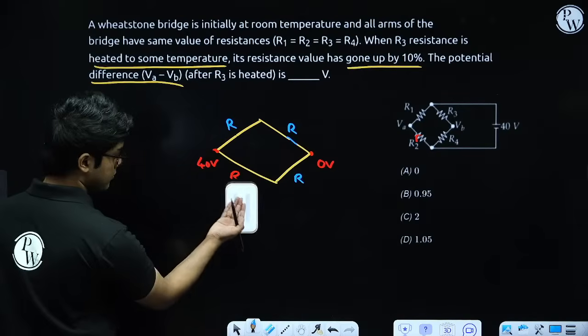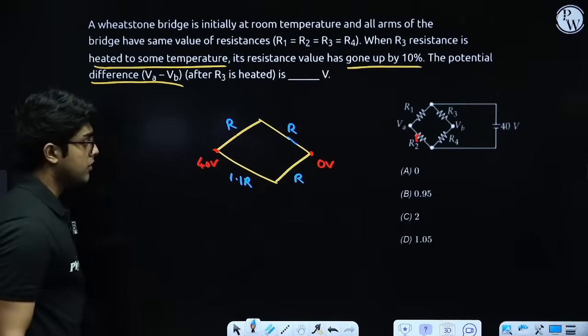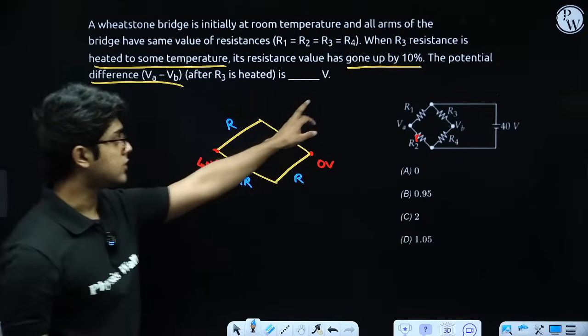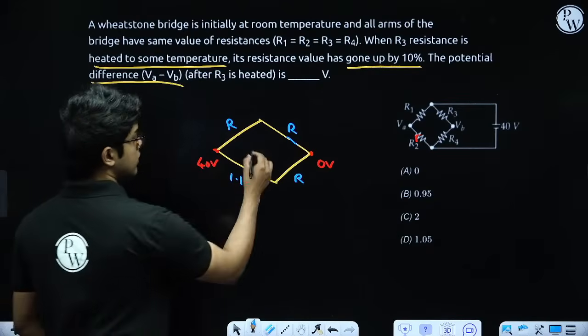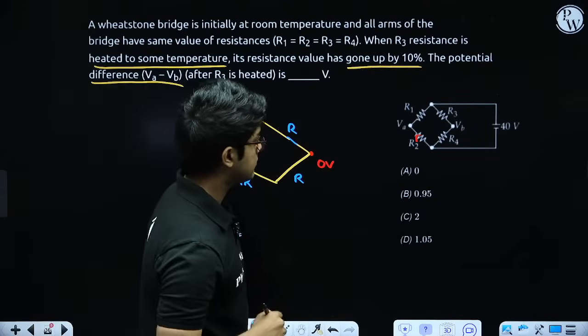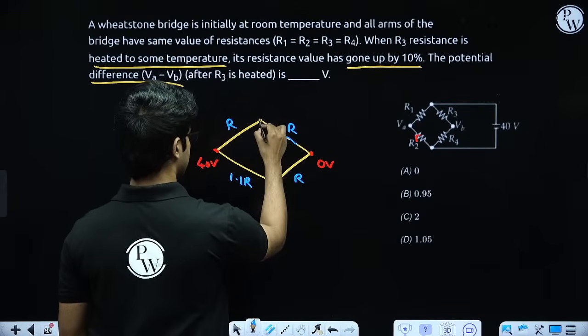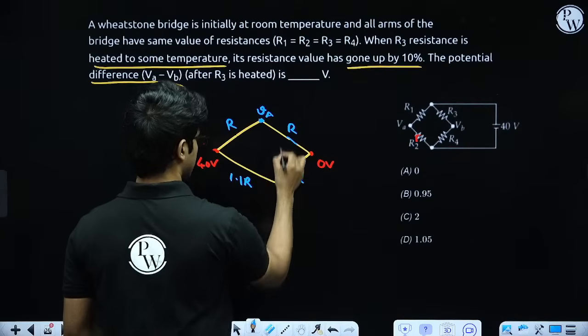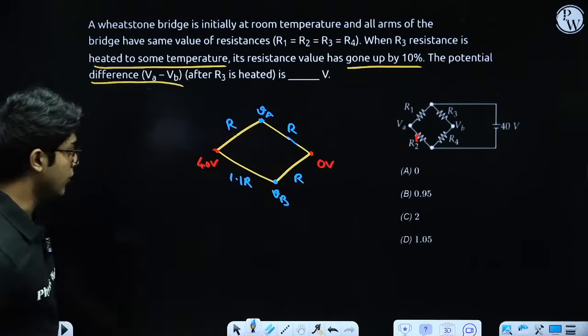So this becomes 1.1 R. This is the new value of resistance R3. Now this is my point A, VA, and this is my point B, VB. We need the potential difference.